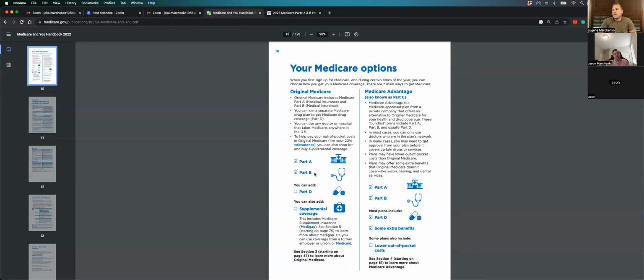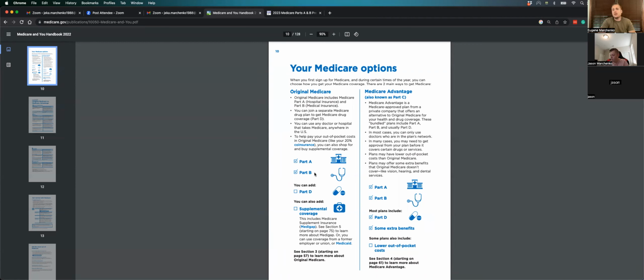So generally speaking, if something was to happen to you medically and you have Parts A and B, you'll roughly pay about 80% of the bill. And the reason why I say roughly 80% is because it changes if you're inpatient versus outpatient, et cetera.